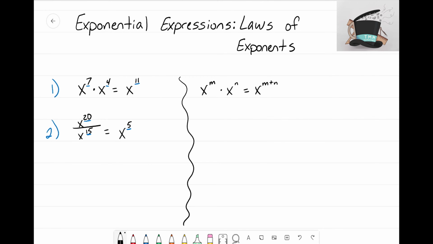All right, let's go ahead and generalize this over here on this side. If I have x to the m over x to the n, I just need to take those exponents and subtract them out. That is our second law of exponents. This is a quicker shortcut. Instead of having to expand them all out, then start canceling all the ones on the top and the bottom, we can bypass that now and just know that we have to subtract them out.